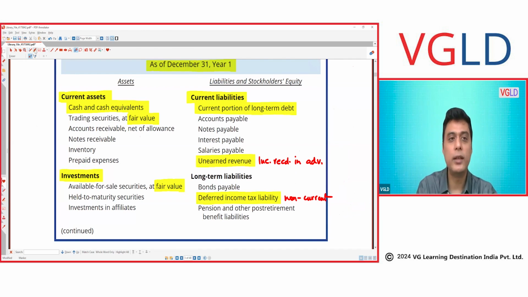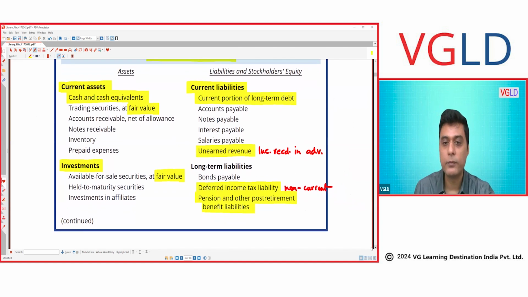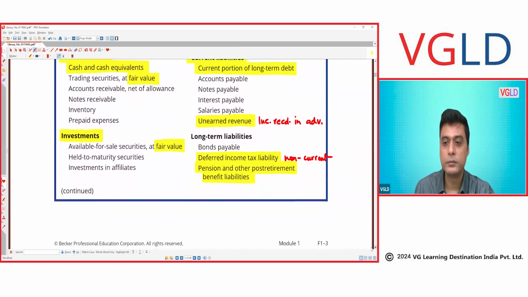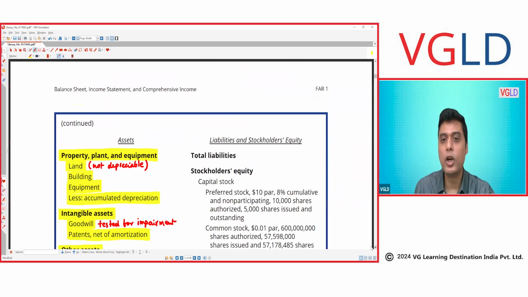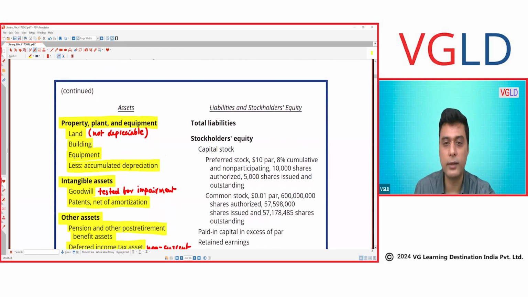That's why you see these two items on both the sides. Obviously, it will not appear on both the sides in a particular balance sheet. It will appear on any one side. You will not have a situation where you have DTA also on the asset side and DTL also on the liability side. No, never. That's a wrong presentation. You will have to net it, and the net amount, if it's an asset, will go to the asset side. If the net amount is a liability, it will go to the liability side.